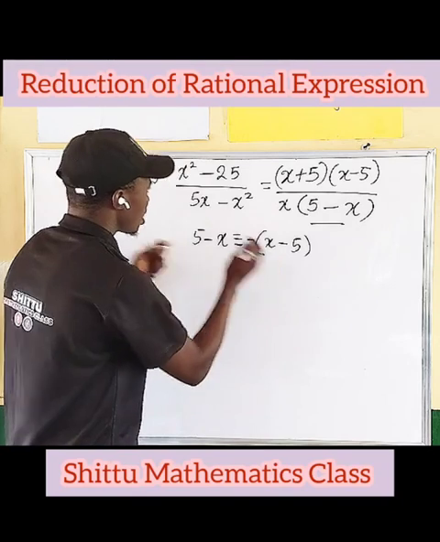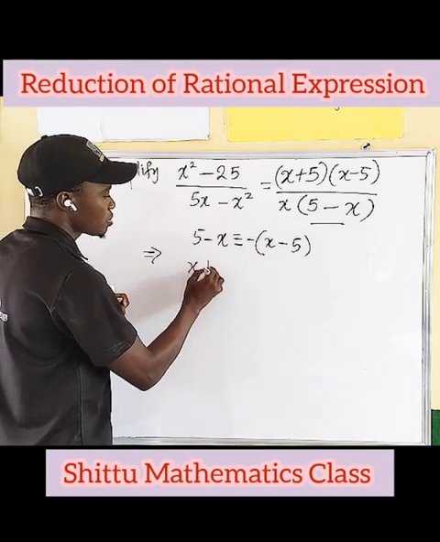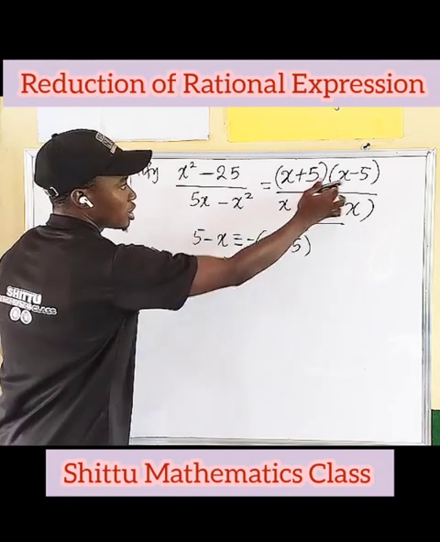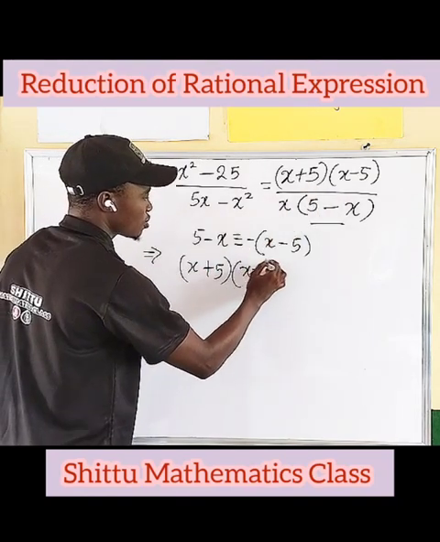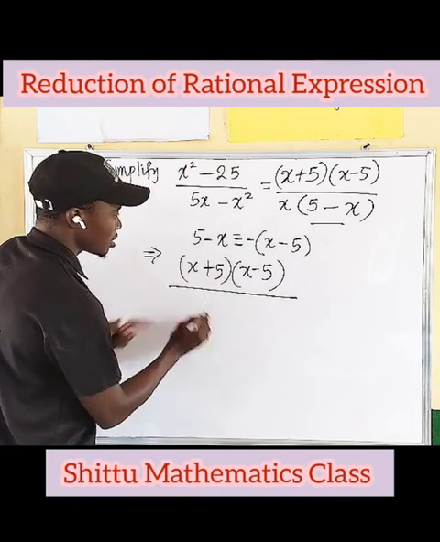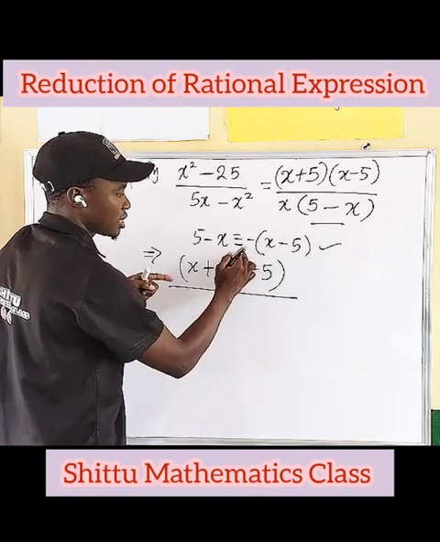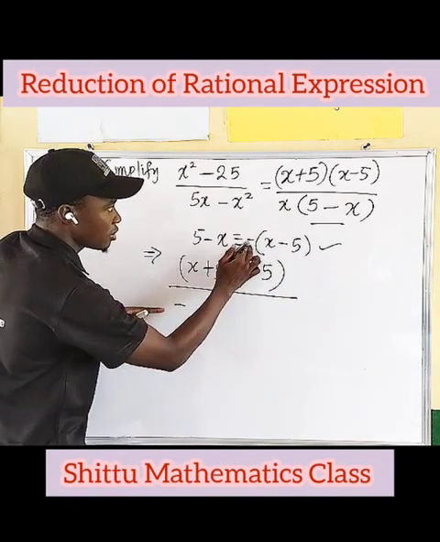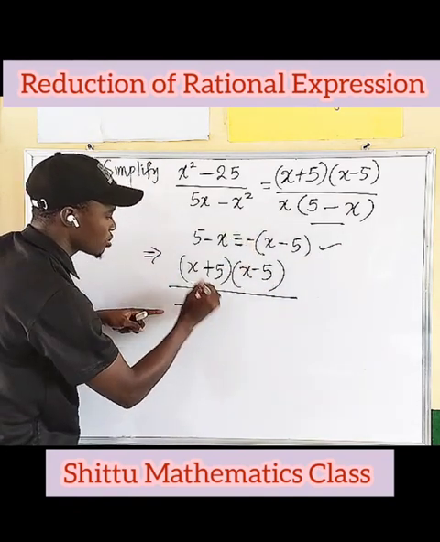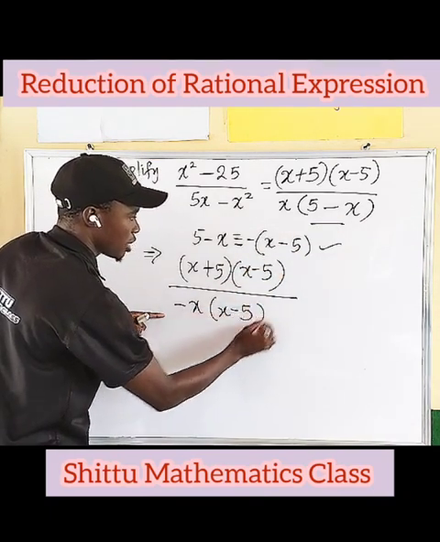Are you following? So we continue from there. We have x plus 5, then x minus 5, divided by, we are going to write this minus a, because 5 minus a is the same thing as this. So we are going to have this minus a multiplied by the x we have there already, then x minus 5.